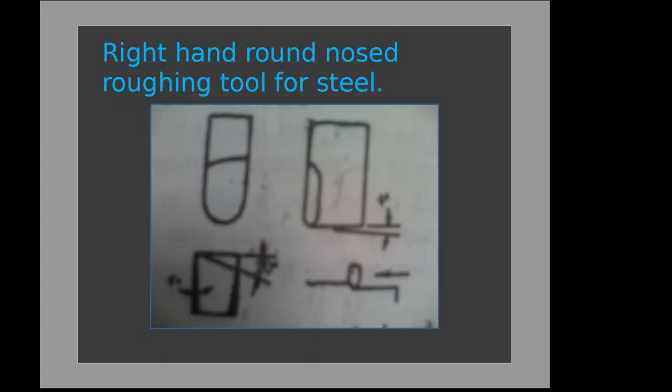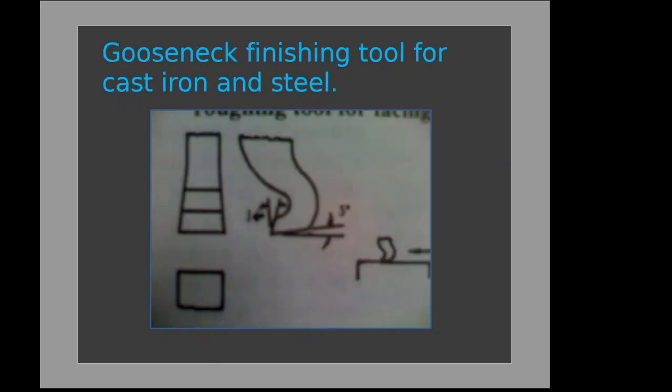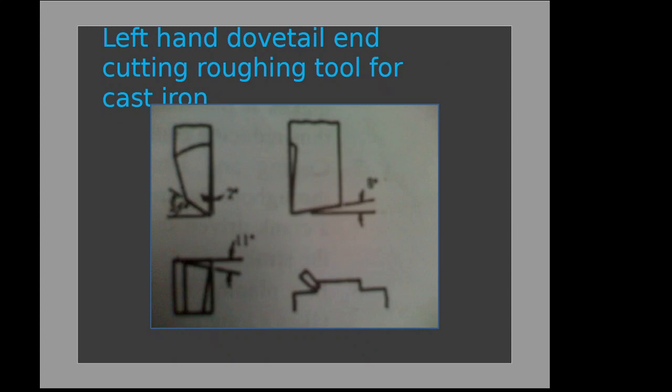A right hand round nosed tool used for rough machining of steels is shown in this figure. A square-nosed tool used for rough finishing of cast iron is shown in this figure. This image shows a gooseneck tool used for finishing operation of a planer machine. Left hand tool used for dovetail machining is shown in this figure.